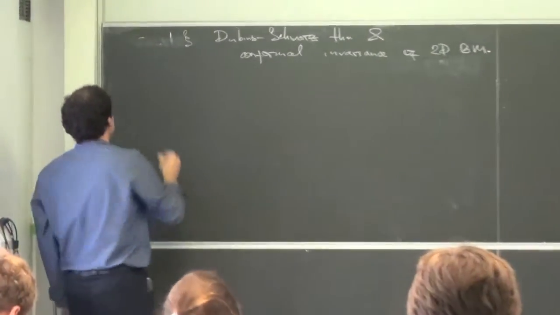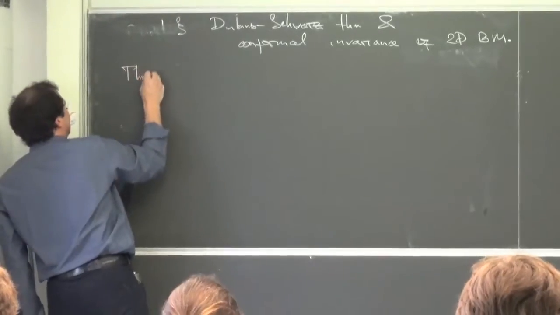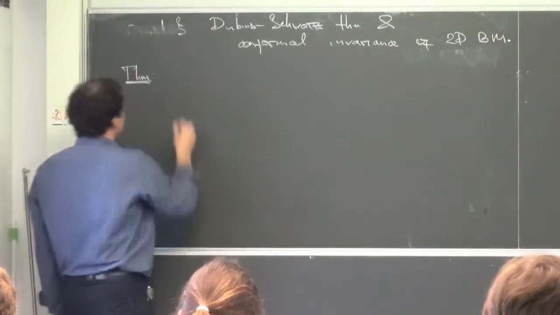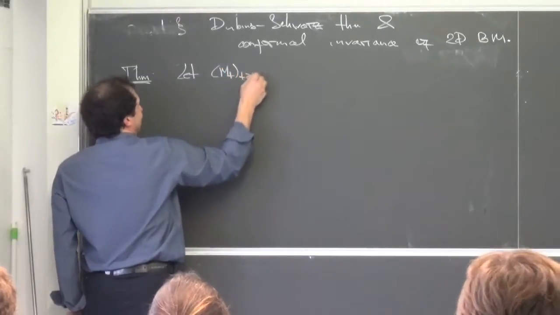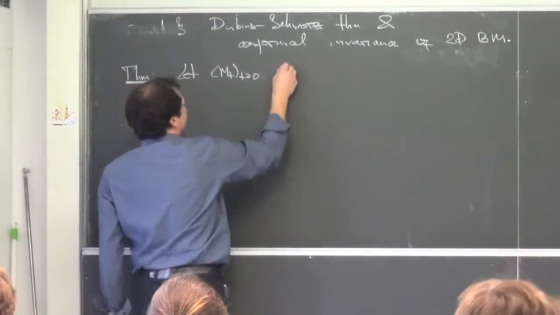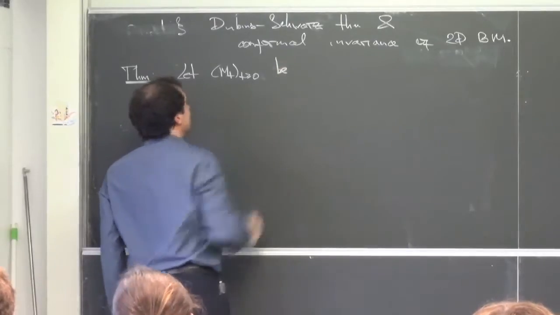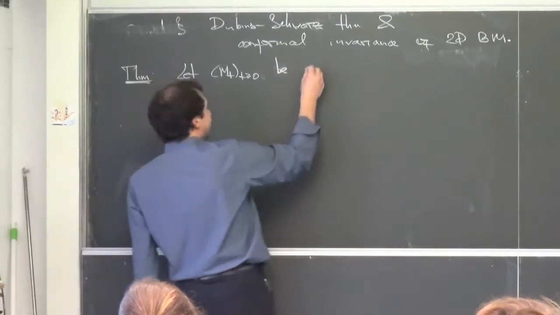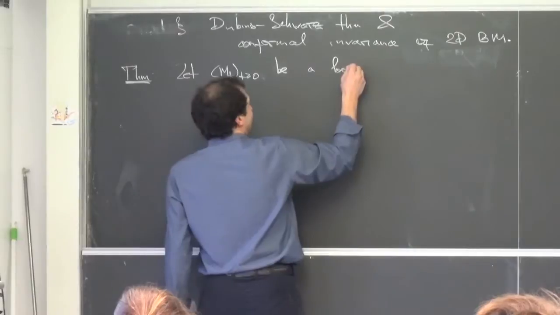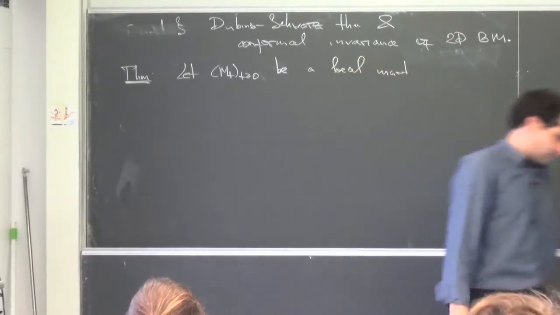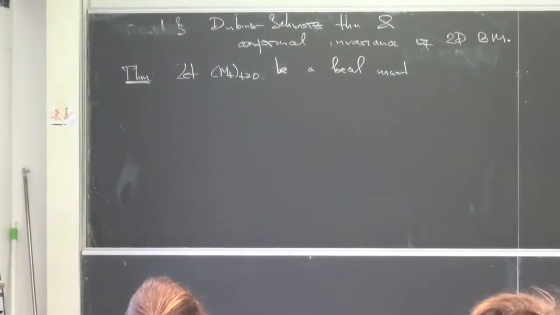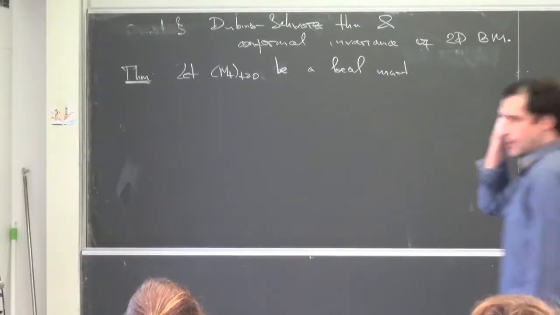Okay, what was this about? Let M_t be a local martingale. And for simplicity, let us assume that the quadratic variation of this guy tends to infinity almost surely.